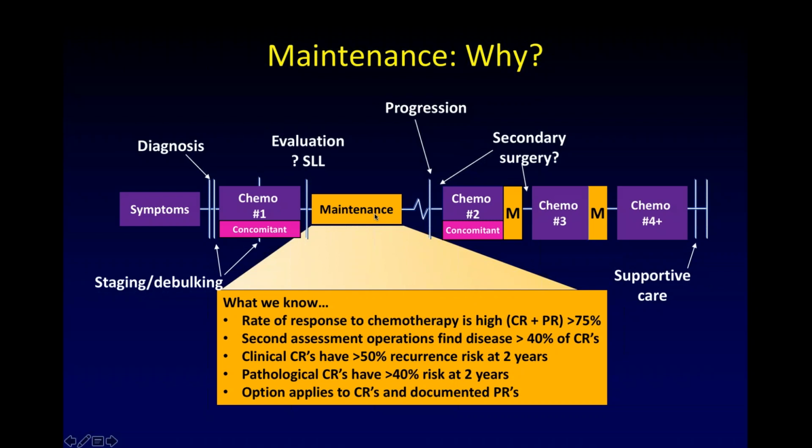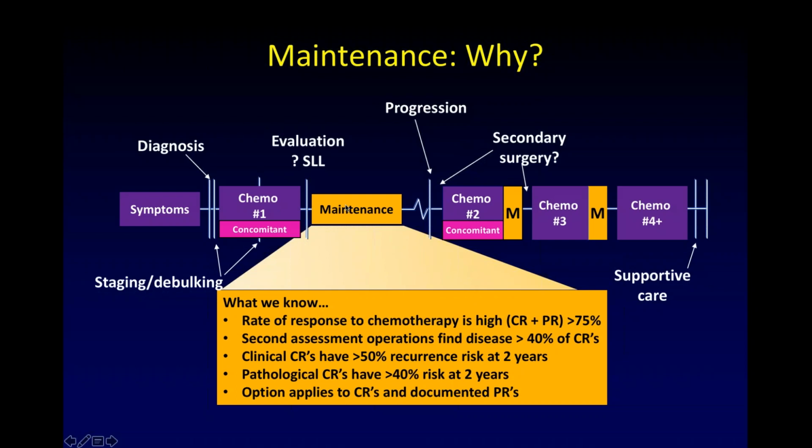But if we give everybody maintenance therapy here, then we're treating a proportion of patients, and it could be significant, maybe 30-40% of patients who never needed it. So we have to be very cautious about how long we extend that therapy when patients have a recurrence.